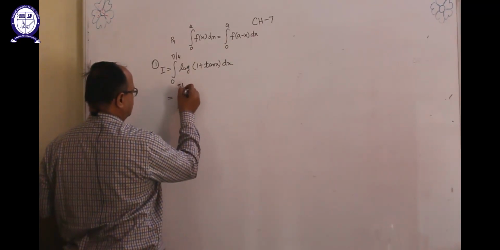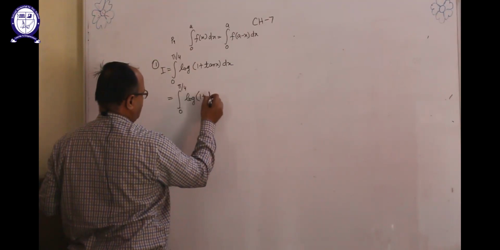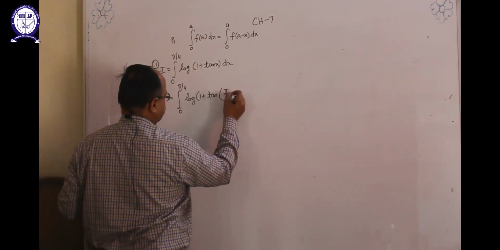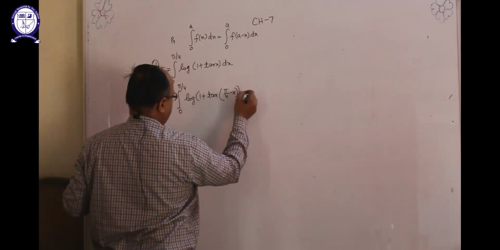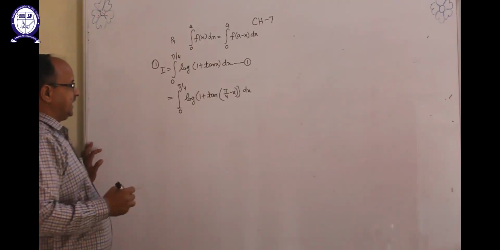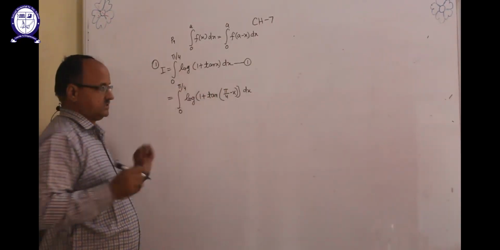Integration 0 to pi by 4 of log of 1 plus tan of pi by 4 minus x dx. Correct? In this step, we just replace x by a minus x.